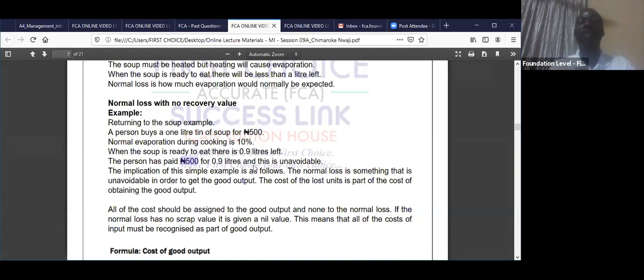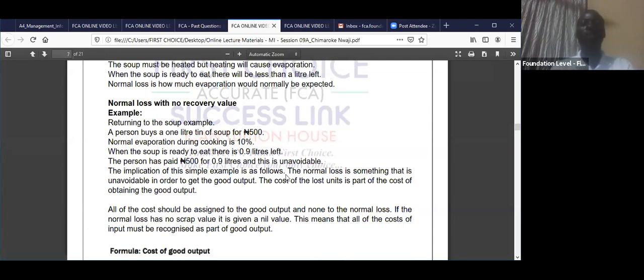In this case, because the loss is unavoidable, you cannot add a recovery value for that loss. So you are not going to allocate any part of that 500 naira to this 10% loss. The whole 0.9 liters is bearing the 500 naira that we purchased it for.